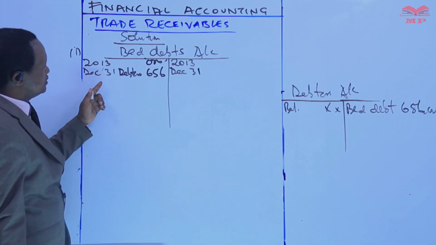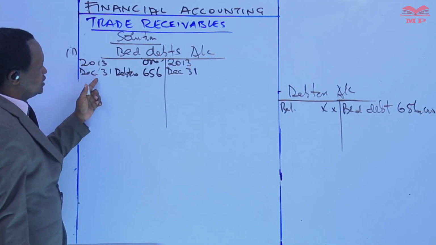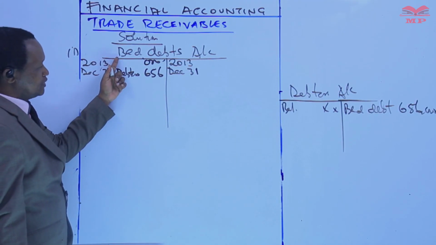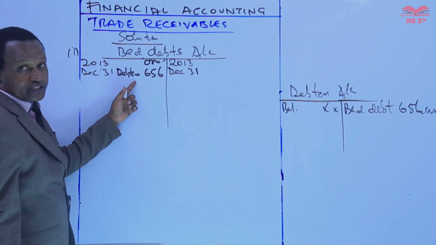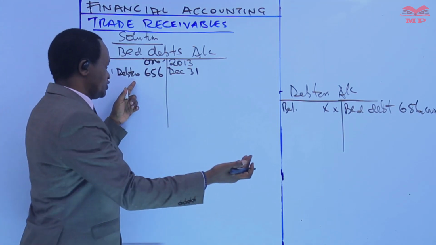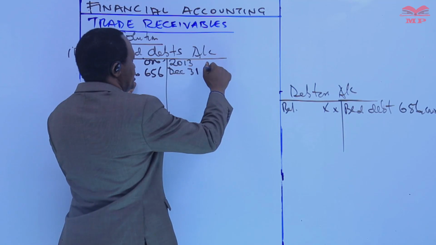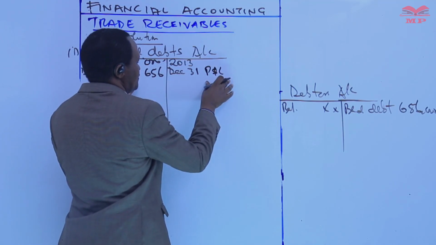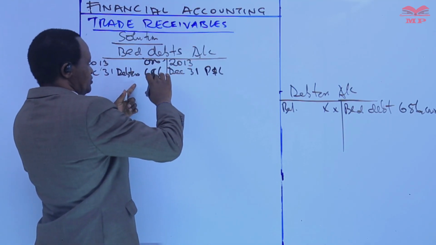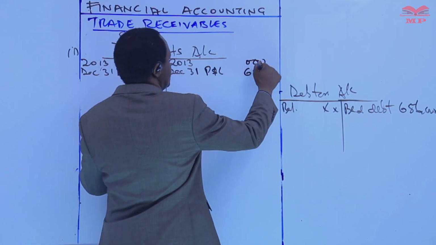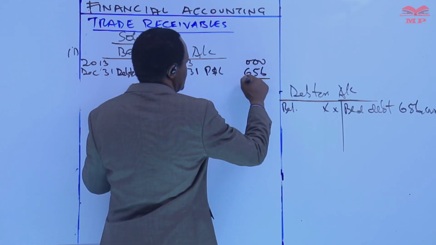Then this is in 2013 at the end. Because this is an expense, we have to close this account to the profit and loss account. So we credit this account and debit P and L account, the amount 656. So this will close it.